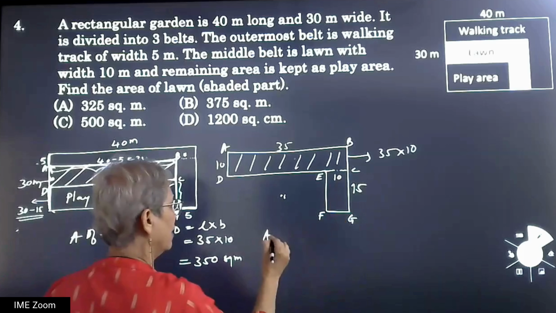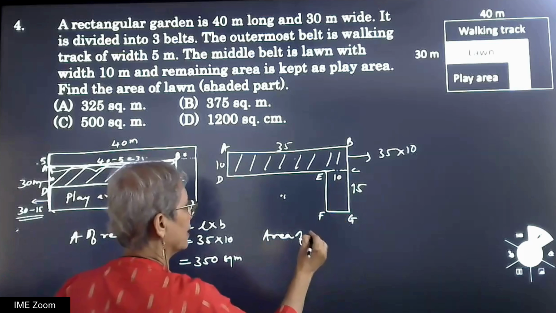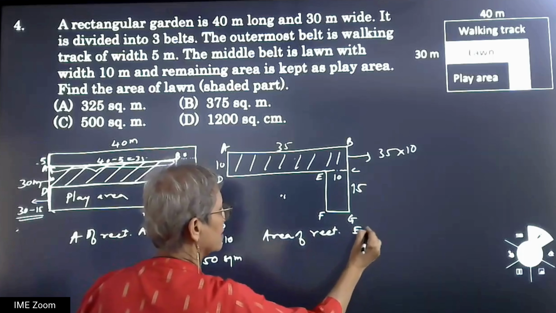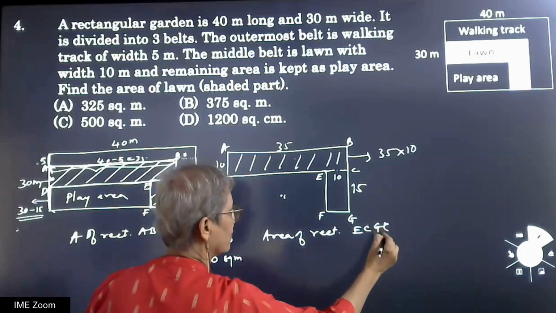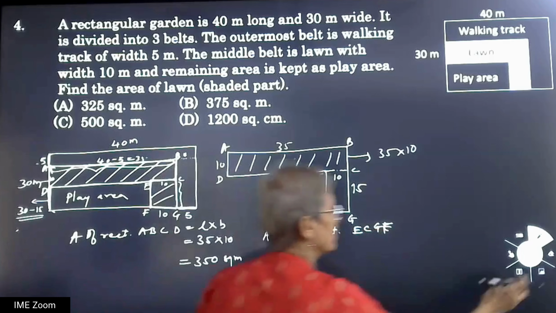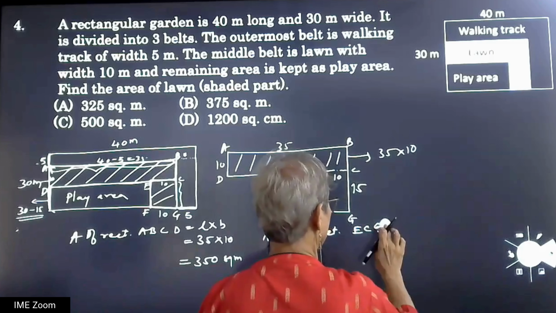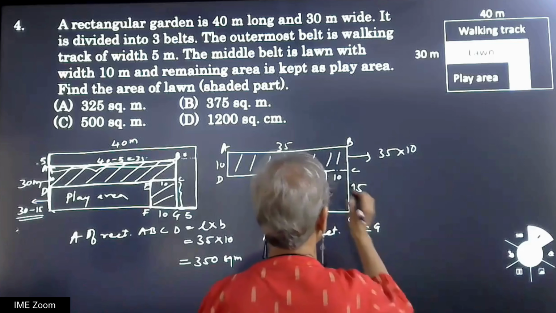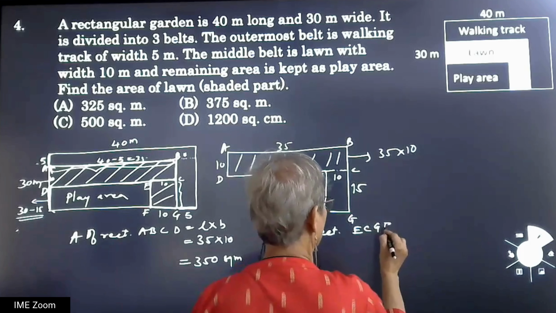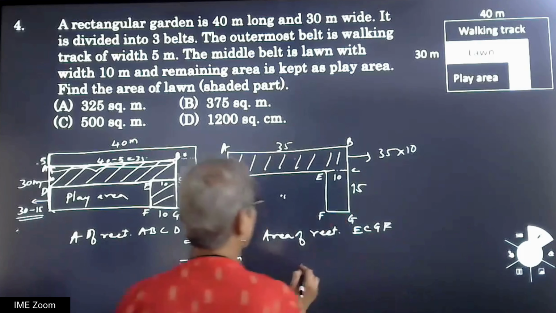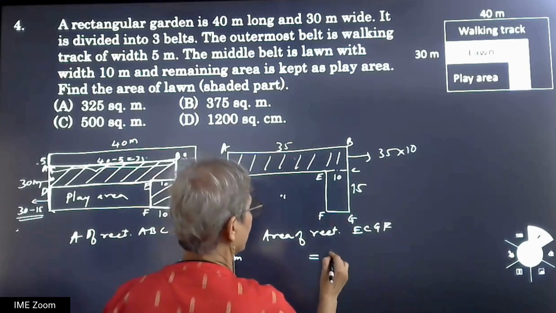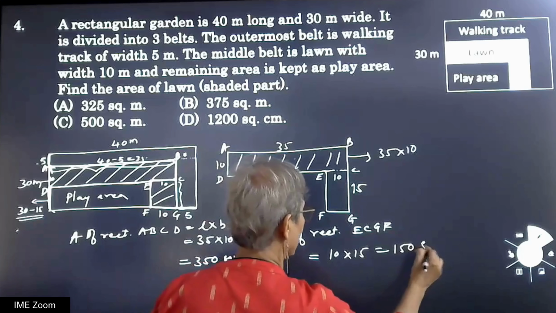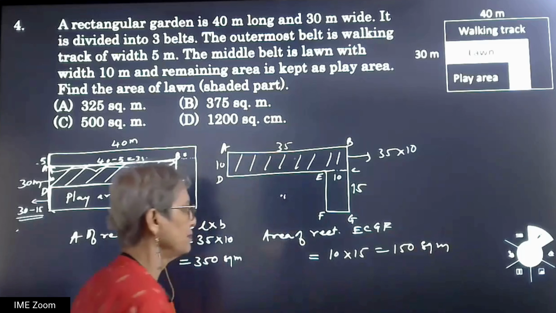So now area of rectangle ECGF is equal to 10 into 15 and therefore it is 150 square meters.